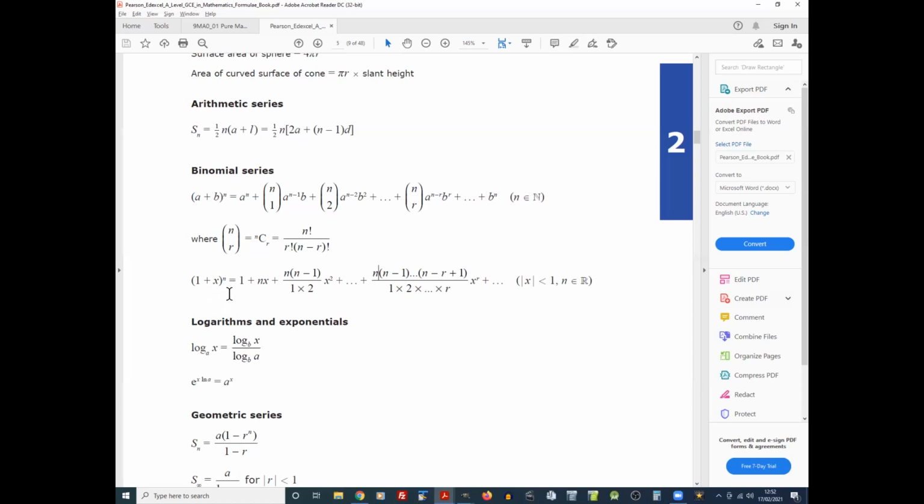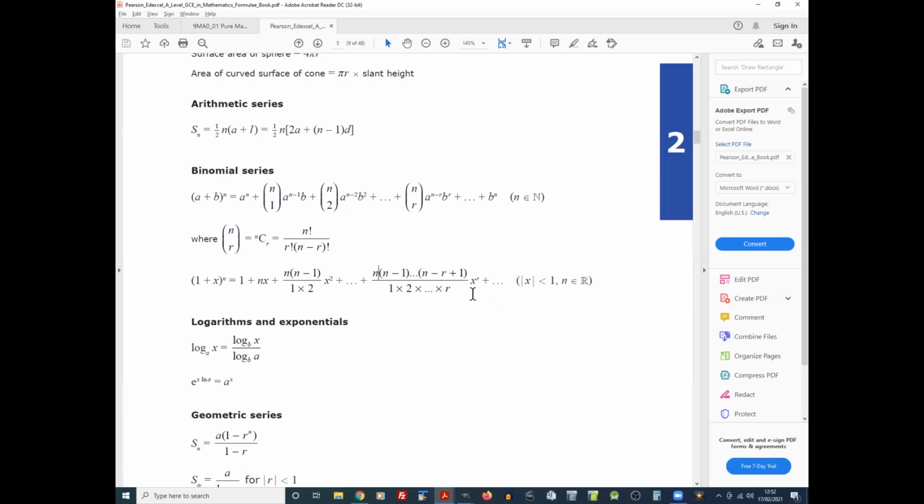Right, okay. Also, the power can be anything, but it only works if the x function is not going to take values greater than 1 or less than -1. Because that's what makes these terms less and less significant: the fact that we're taking larger powers of a number less than 1.